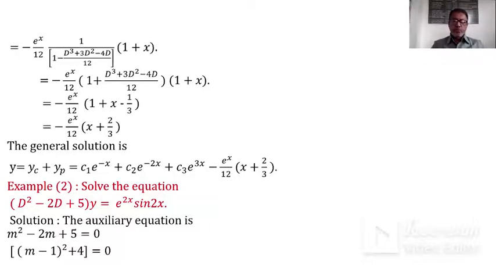To factorize it, there are many methods. We rearrange this as (m minus 1) whole square plus 4, and therefore its factors are m minus 1 minus 2i and m minus 1 plus 2i. Therefore the values of m are 1 plus 2i and 1 minus 2i.